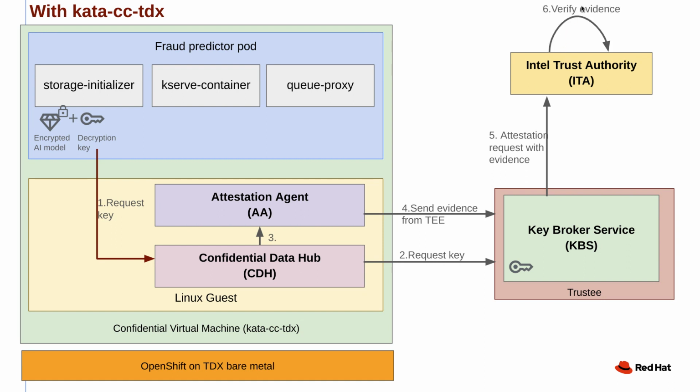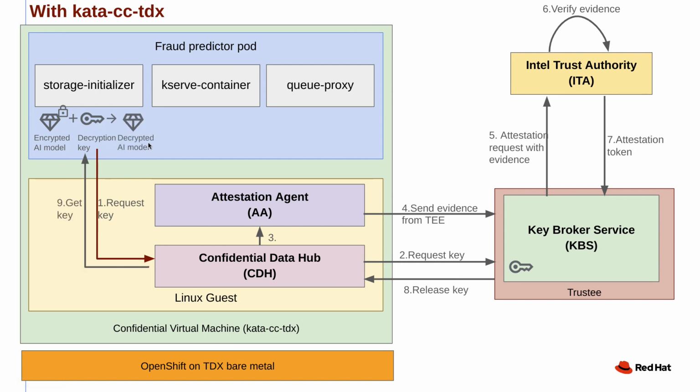The ITA verifies the evidence, and after the verification, it sends the attestation token to the KBS. Now the KBS gets the attestation token, and it will release this key to the CDH. So the container can get the decryption key, and then the AI model can be decrypted, and the model will be served. So these containers will be running to serve the model. This is the whole workflow.